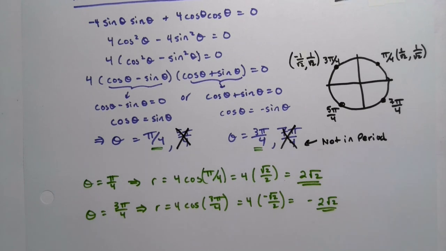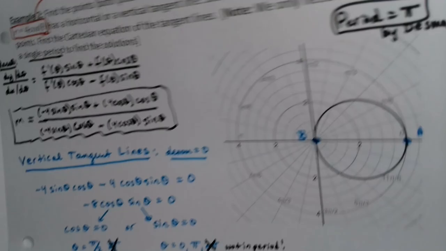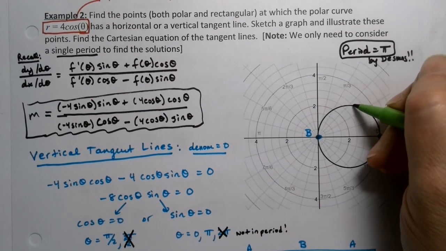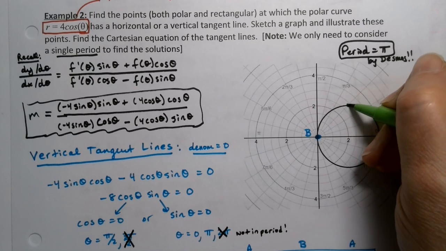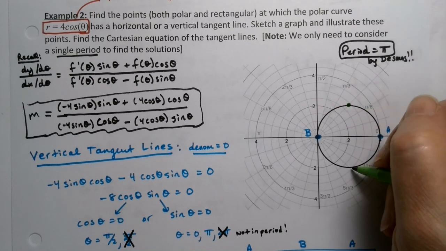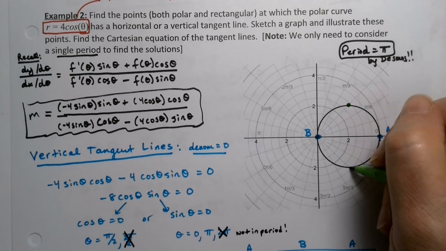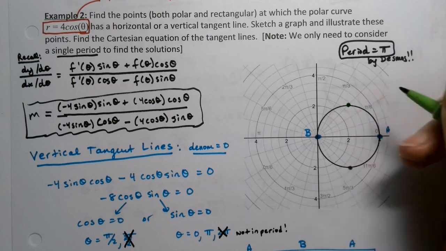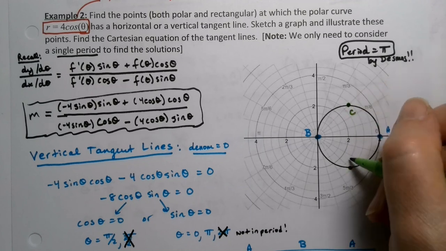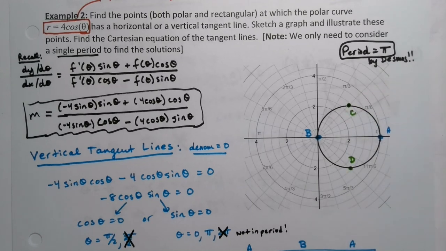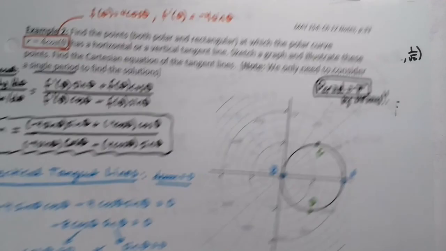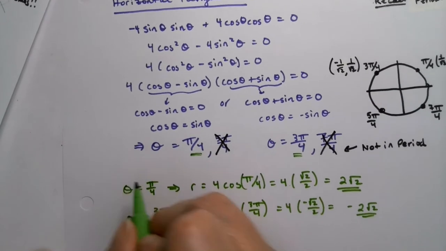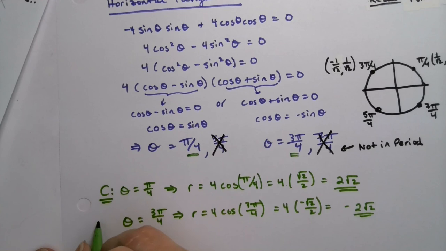So if I was going to label the points on our graph, we have one up here, and we have one down here. I'm going to call it C and D, right? So C is this point, and D is this point.